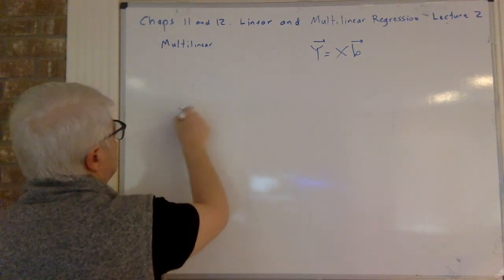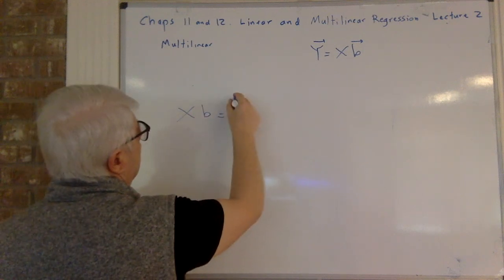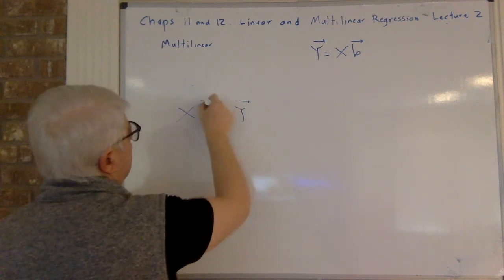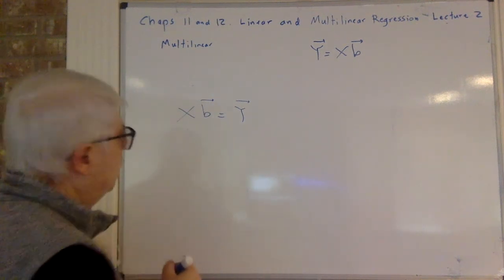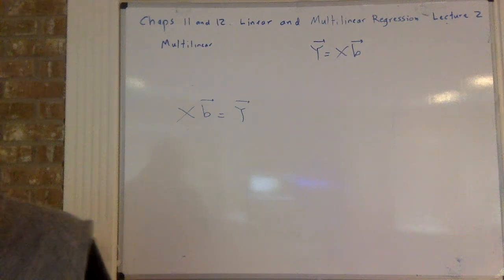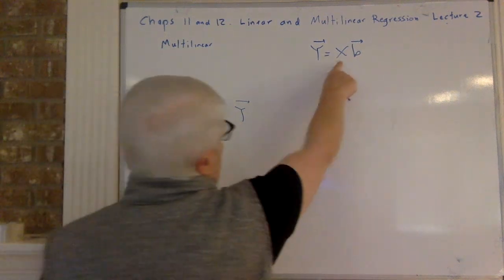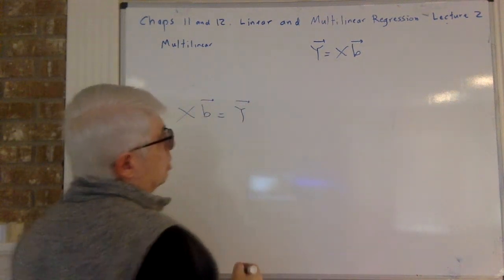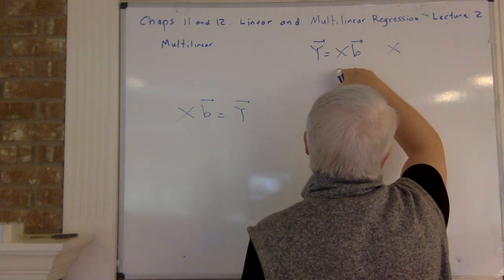So we have Xb is y, and we want to find b. So we use the methods that we had, and this is what happens. Well, this is not... So that matrix, how many rows did I have?